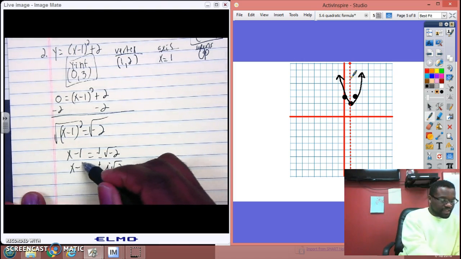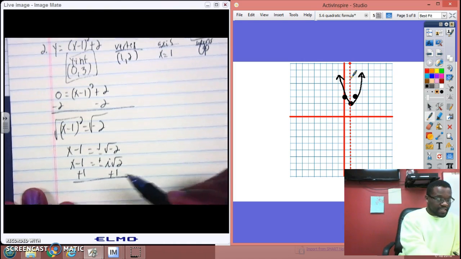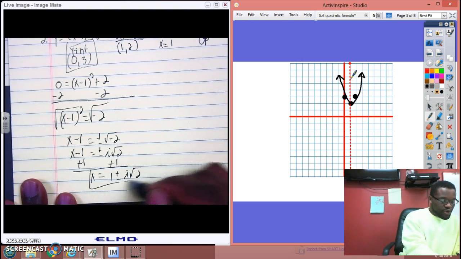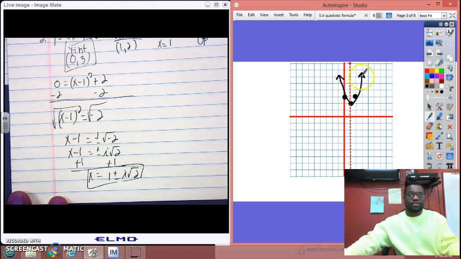Remember, you get that imaginary number, plus 1, and you get x equals 1 plus or minus i square root of 2. But we knew it was going to be like this because when we graphed this ugly looking graph right here, we knew that it didn't cross the x-axis. Remember, solving a quadratic equation is simply finding the places where it crosses the x-axis.